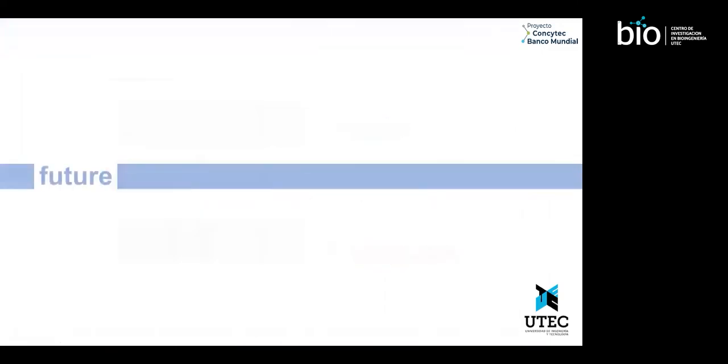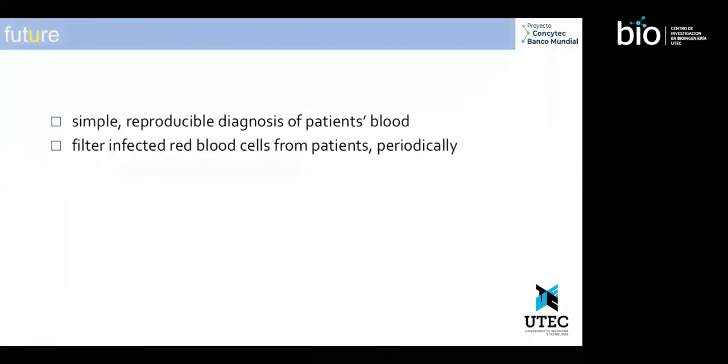Now, going to the future, what can we actually do with this? As I said, what we actually want is a simple, reproducible diagnosis of patients' blood. That's one thing. We want to do diagnosis, but the other thing we can do is filter out the red blood cells from the patients.